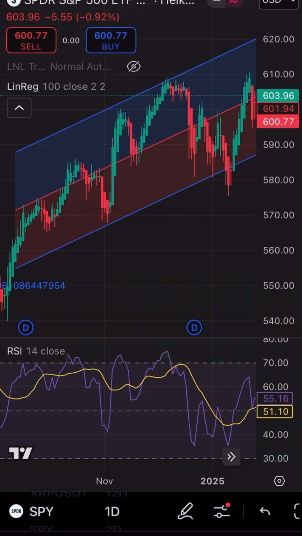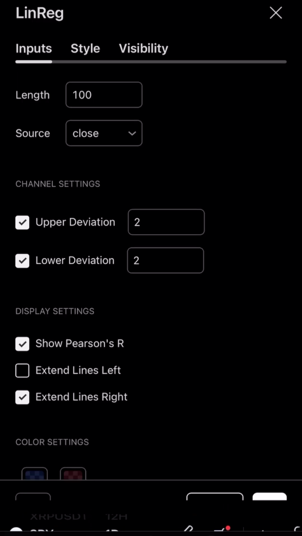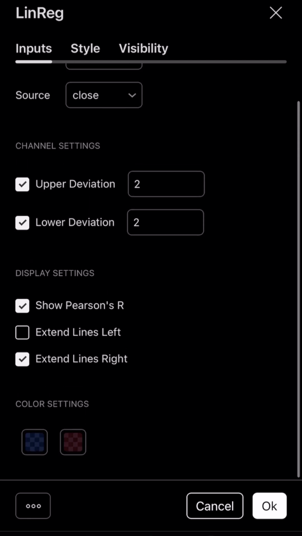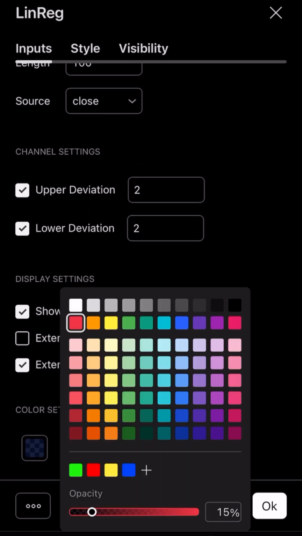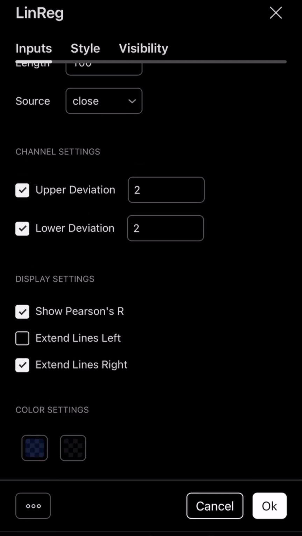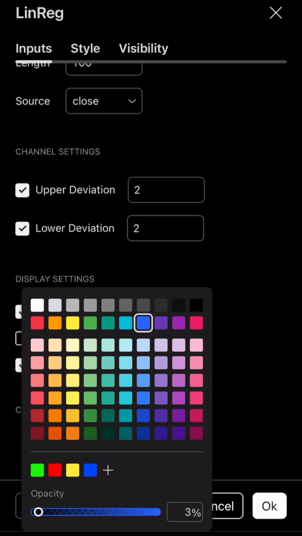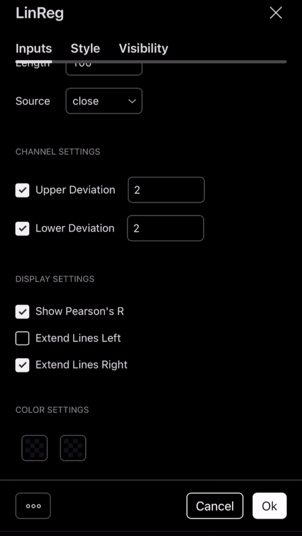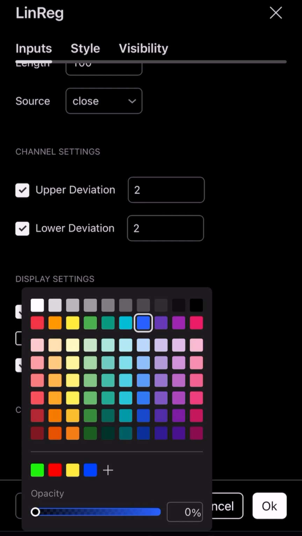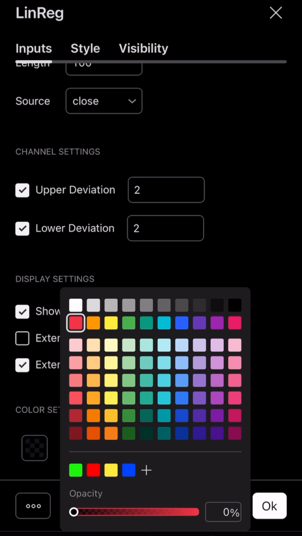Whether you guys want this background or not, it's kind of distracting for me. So what I do is I go in the settings and I just turn down the opacity to 0 on these. And I'll make these lines a different color.